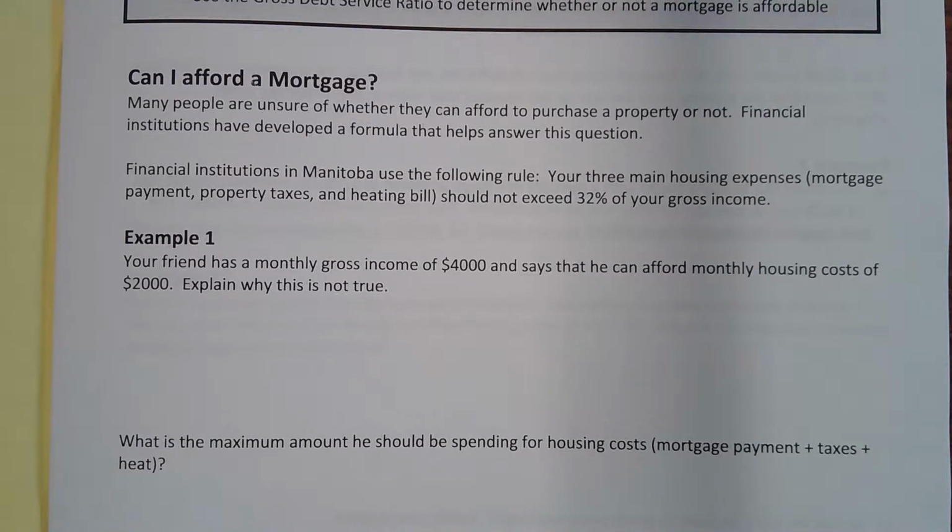We'll talk about the formula in a second. It says here, financial institutions. So what are the financial institutions? Your bank, or a credit union, right? Or any lender, a broker. Those are your financial institutions.